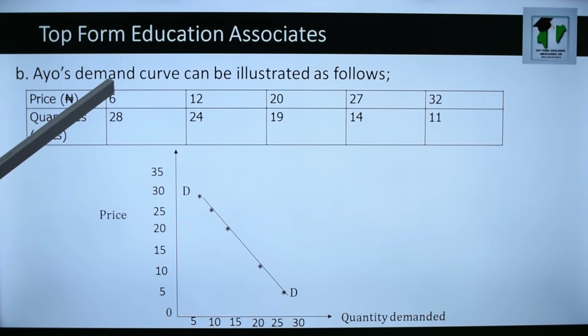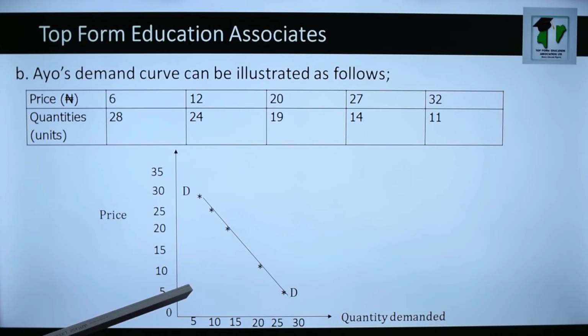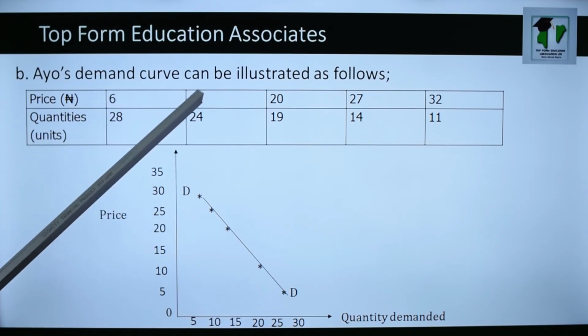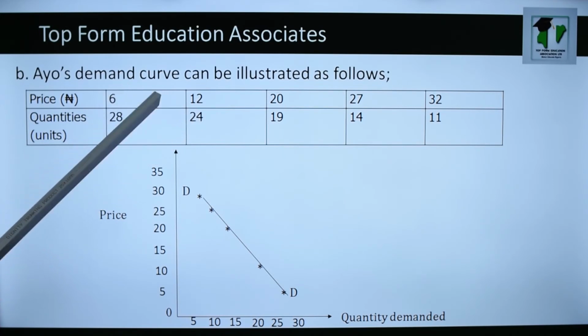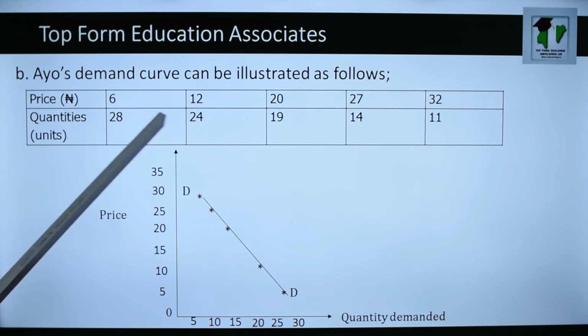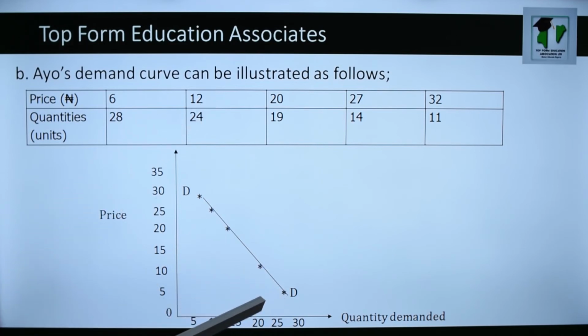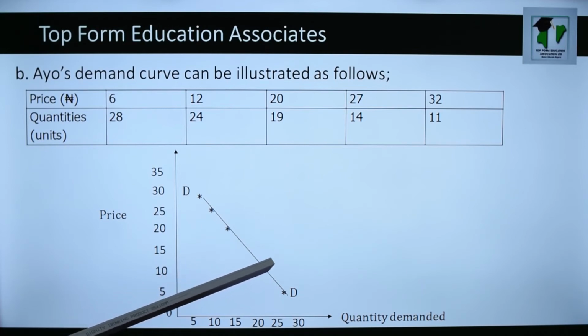So when the price is 6 naira, what is the quantity demanded? 28. 6 naira is slightly above 5 naira. You trace it to where you have 28, and then you mark it off. When the price increased from 6 to 12 naira, quantity demanded decreased from 28 to 24. So 12 naira is about this. You take it here, 24.